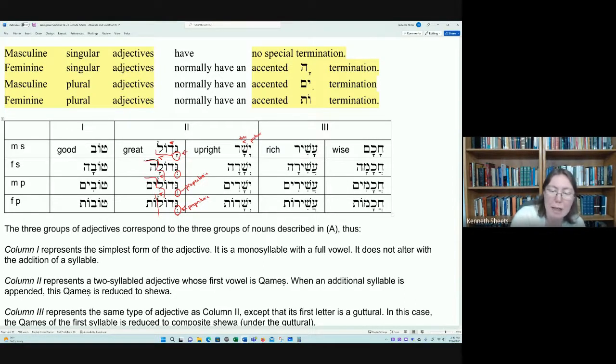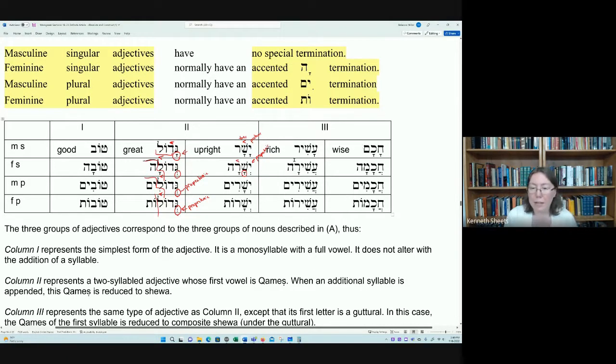But as soon as I add the ending, the accent moves. The shin is now the pretone, and the yod is now propretonic. And so thus the kamets reduces all the way down to a vocal schwa. Same thing here when we come to the masculine plural, yesharim, and to the feminine plural, yesharoth.